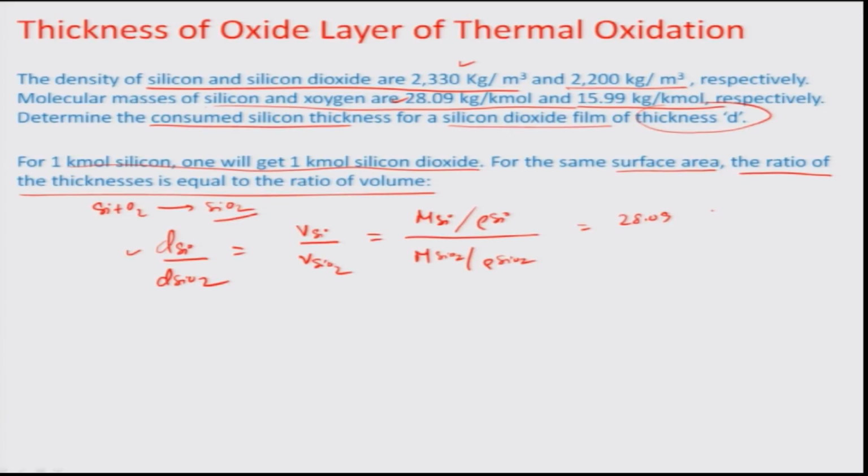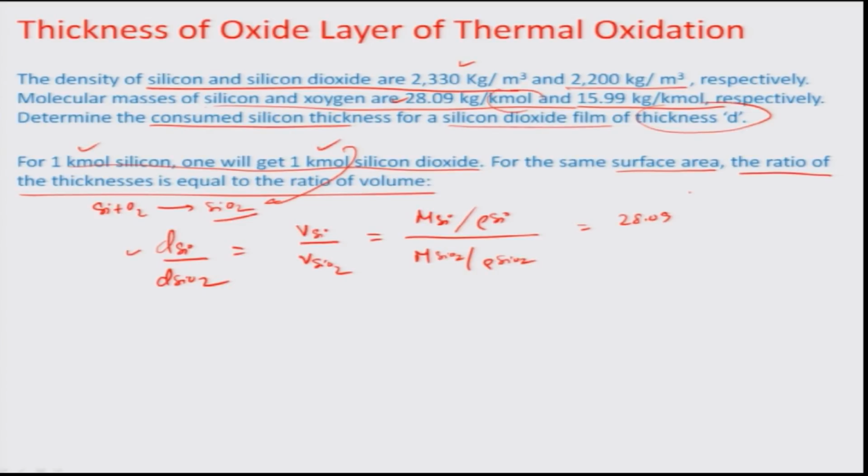We can consider, let us say, for 1 kilomole of the consumed silicon, there is exactly 1 kilomole of the silicon dioxide through this reaction chemistry. So we consider only a kilomole worth of material, or quantity of material, I am sorry.